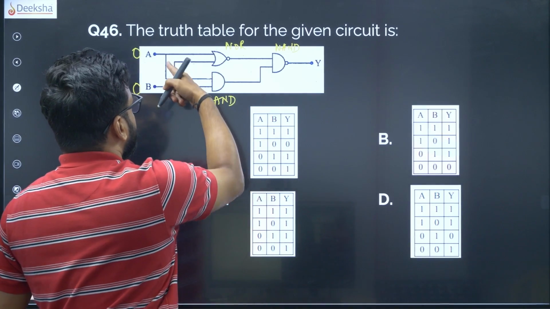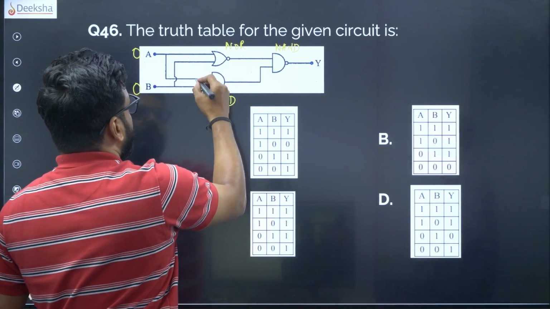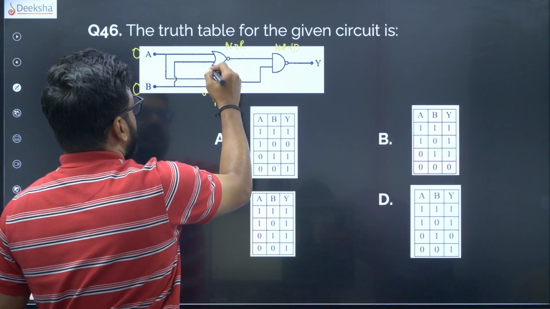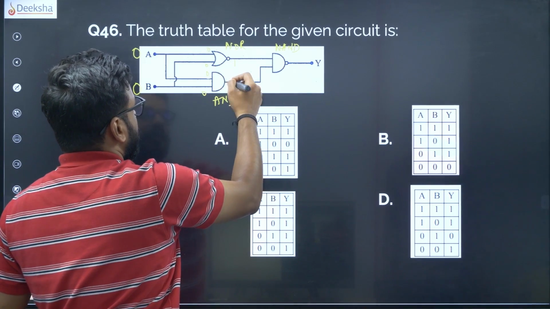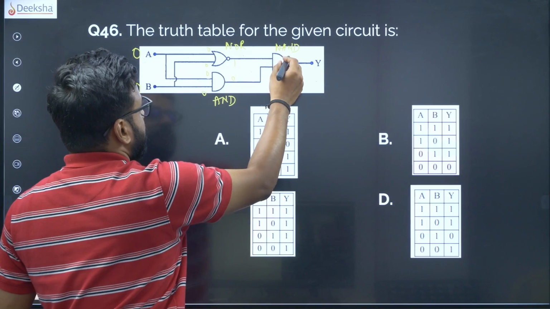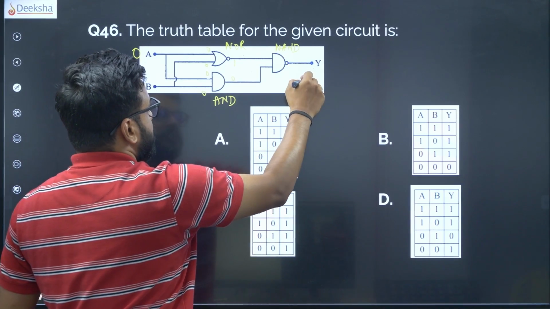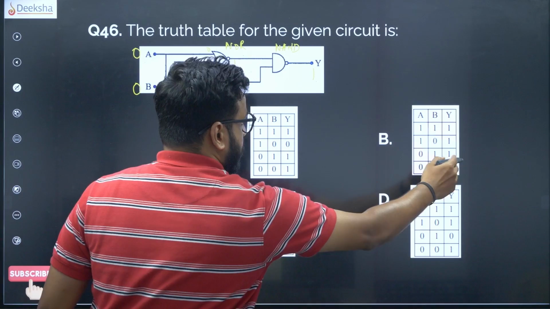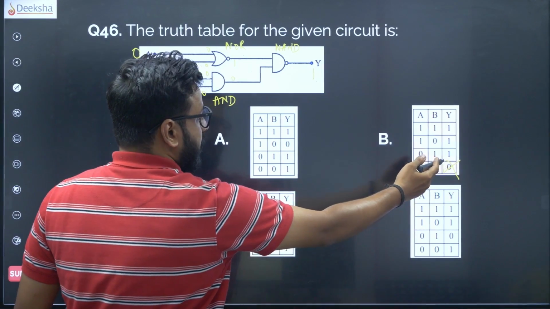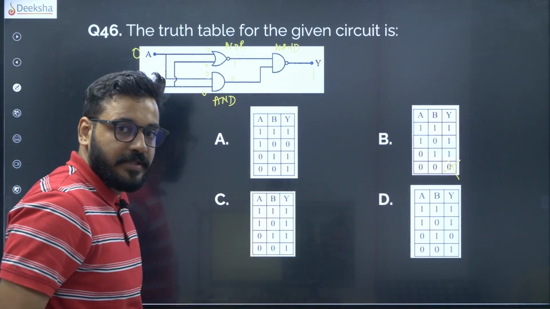So 0, 0 will come here and 0 will come here as well. Then 1 will come, then 0 will come. Then both are coming to a NAND gate, which will be 1 again. So P is eliminated because 0, 0 is giving me 1. So B is not the correct answer.